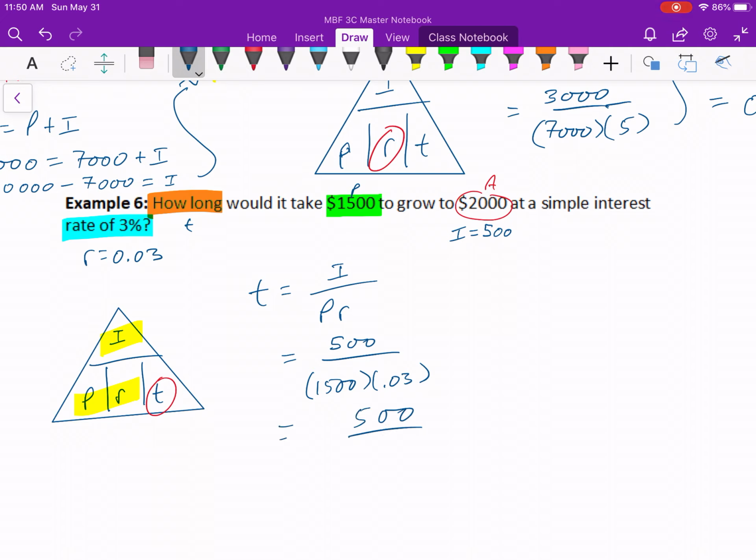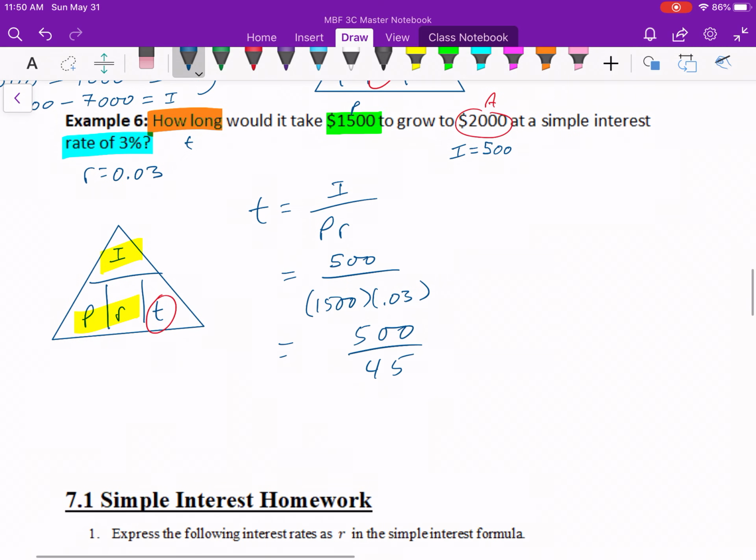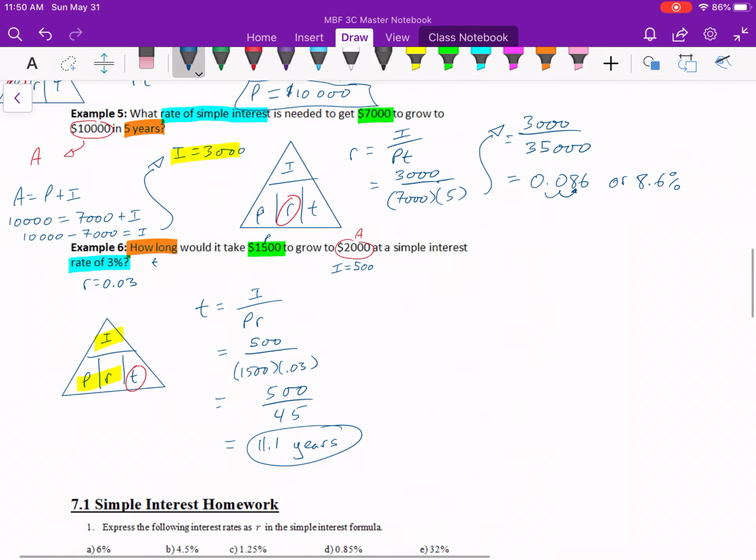So it's 500 over 45 when I multiply 1500 times 0.03, and that works out to be 11.1 years. So it's really the same formula. It's that I equals PRT formula over and over again, simply just rearranged using that triangle each time.